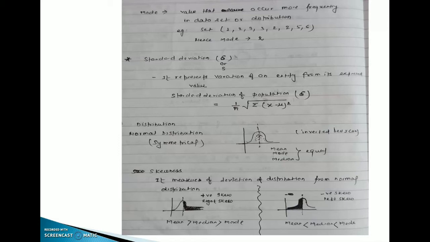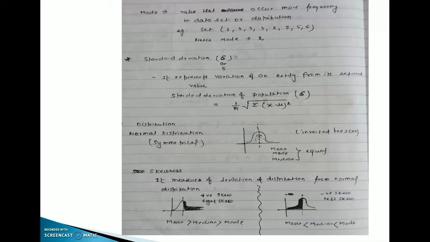Standard deviation for population is sigma, and for a sample is small s. Standard deviation represents variation of an entity from its expected value.